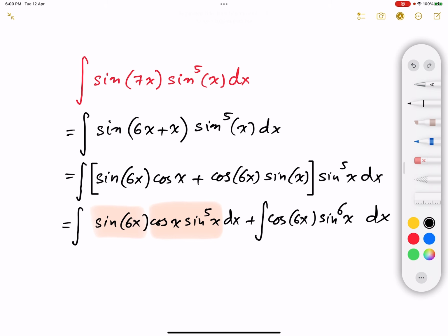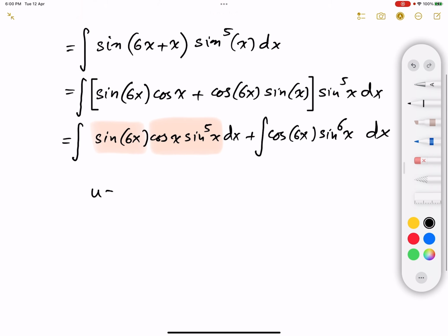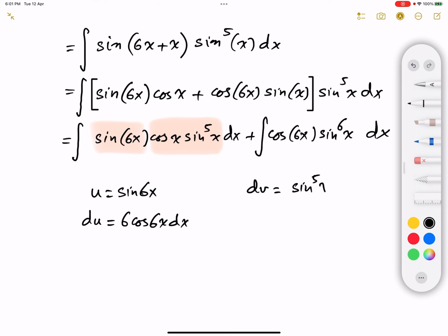So we're going to let u equal the sine of 6x, and du is going to be equal to 6 cosine 6x dx, and we're going to let dv equal sine to the power 5 of x cosine x dx.